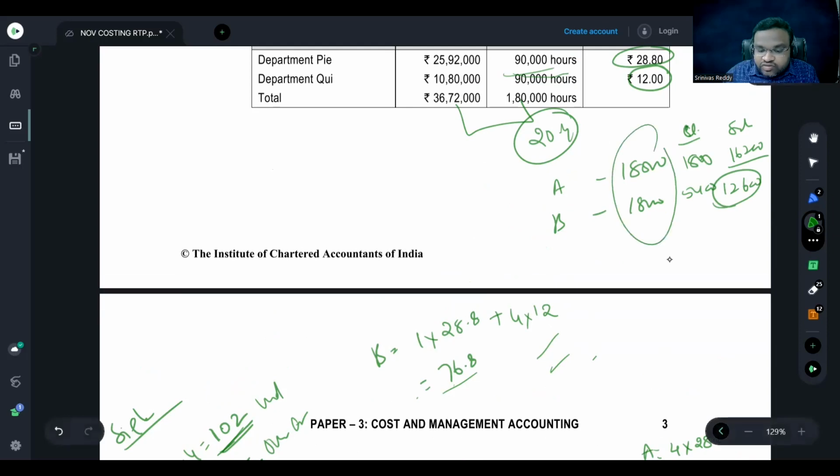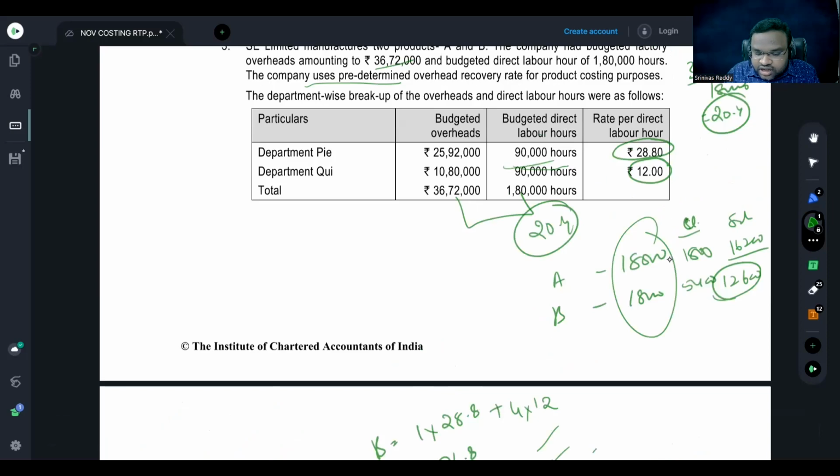Production is the same because you have attained the budget data. 90,000 hours. So you would have produced these many number of units. Let X be the number of units of A produced and Y the number of units of B produced. For department P, A takes 4 hours and B 1 hour.